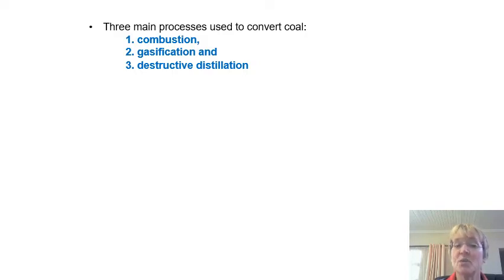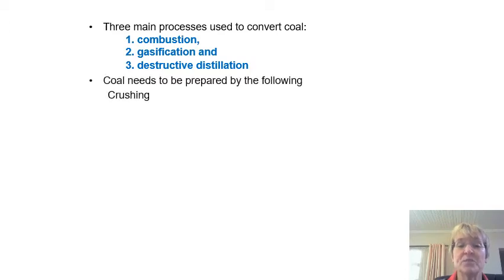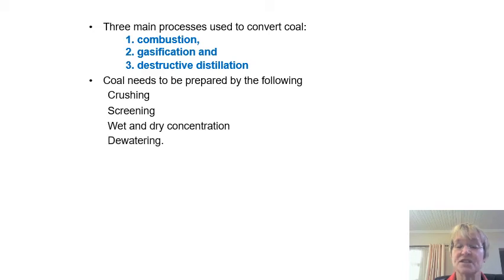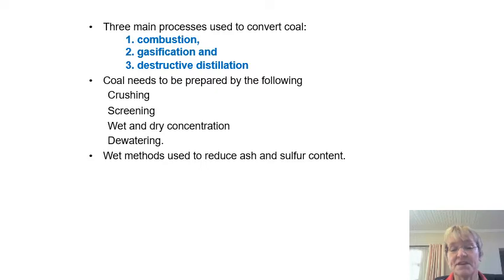And before any one of these can be carried out, the coal needs to be cleaned. Then we have coal cleaning plants where they do the crushing, screening, wet and dry concentration, and dewatering of the coal. The wet methods are very good to reduce ash and sulfur content.